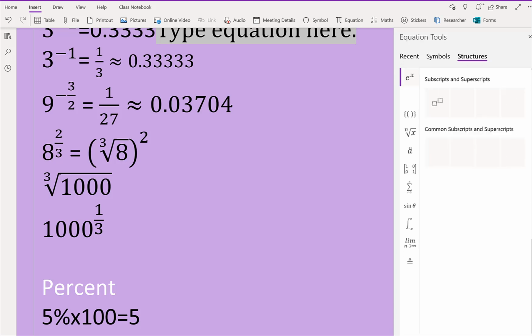So I always go to Structures, and then on the left hand side you just have to pick the right features that you want. So I want the root, so I press on the 4th one here. You can select any one that is suitable for you, but this is the place where you select the mathematical symbols.